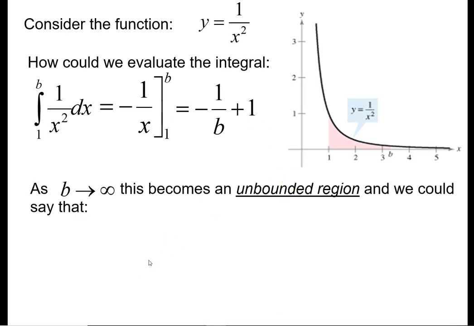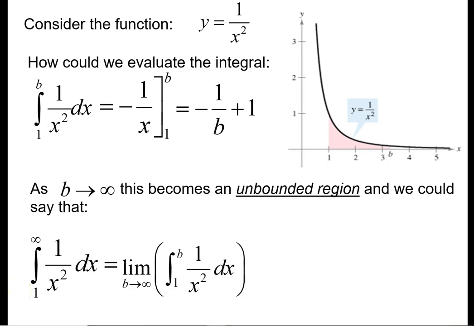As b goes to infinity, however, this is an unbounded region because there's never going to be a place where this area closes off. It's going to be open the entire time. So if we were asked to integrate this function from 1 to infinity, one way we could think of this is to think of it as a limit. What we could think of this as is the limit as b approaches infinity of the integral from 1 to b.